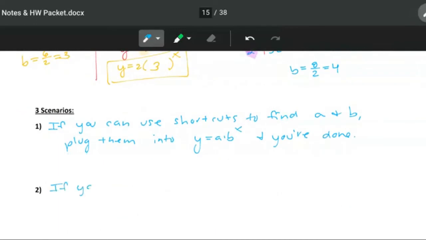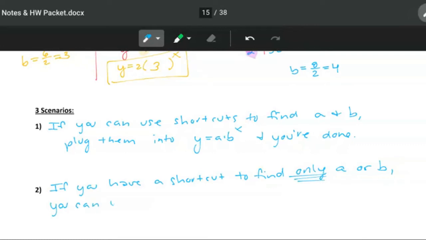So if you have a shortcut to find only A or B, one or the other, but not both, you can use that value, whichever one you could easily find, A or B, and an XY point.